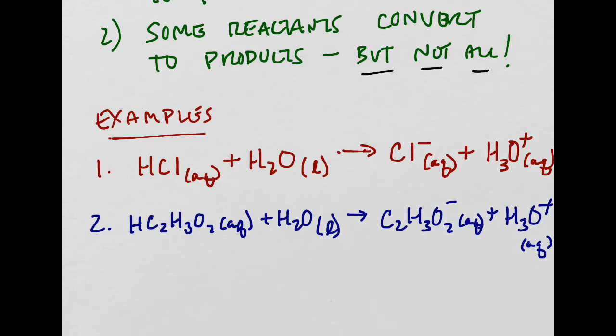But the reality is that the acetic acid doesn't get completely consumed, and in fact you reach a point of what's called equilibrium. So I actually need to include an arrow going backwards towards the reactants. In this case, you would not expect to have the same number of ions produced in the second reaction as you would in the first reaction, because some of it slightly shifts backwards towards the reactant side.